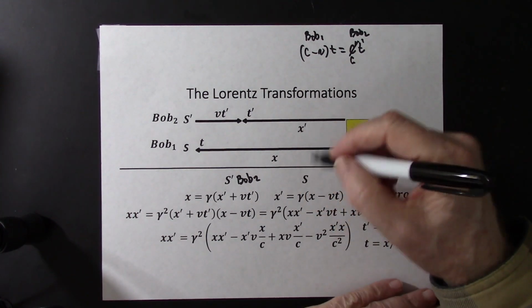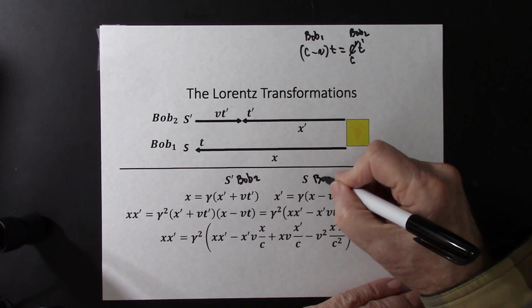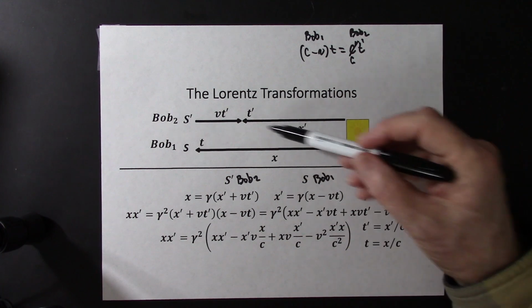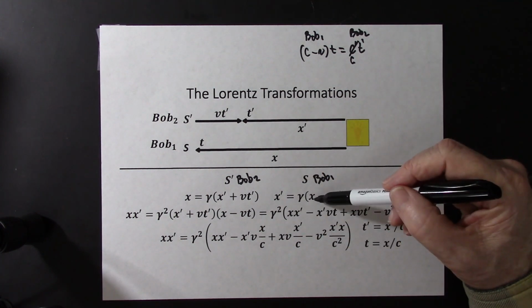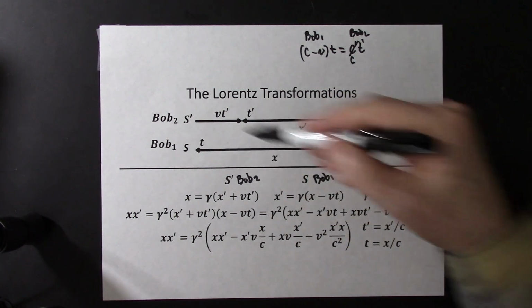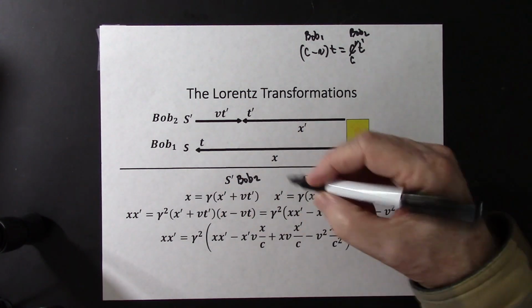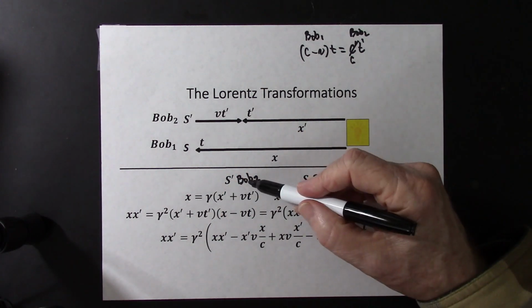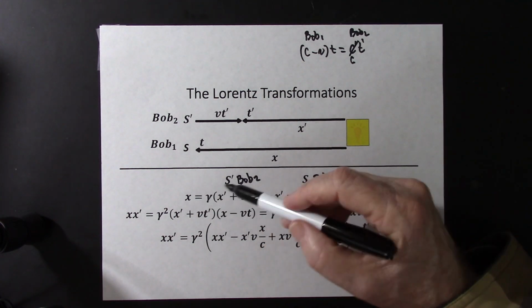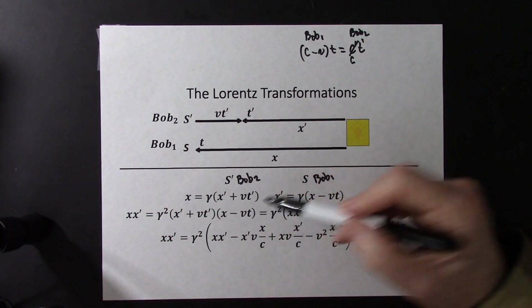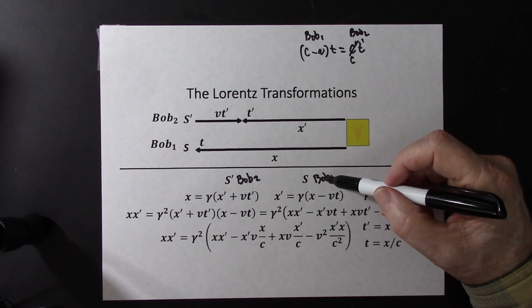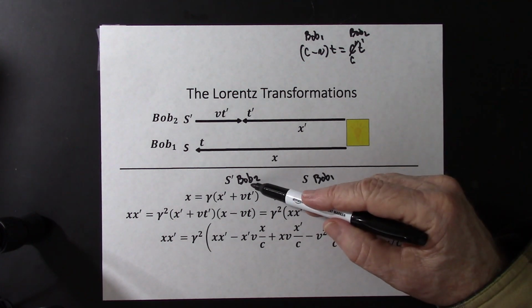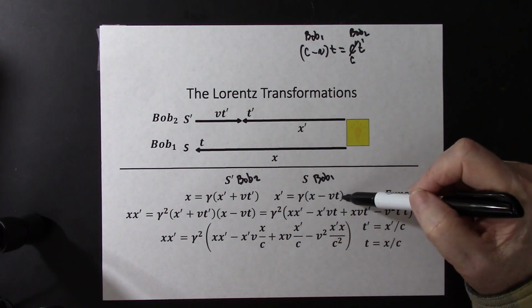And from Bob 1's perspective, this distance here is equal to x minus vt, this minus this. And gamma here in this instance represents the error that Bob 2 thinks that Bob 1 is making in measuring the distance. And it's also the error that Bob 1 thinks that Bob 2 is making in measuring this distance.